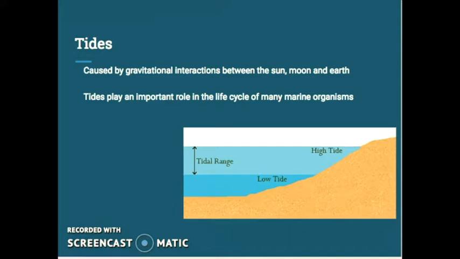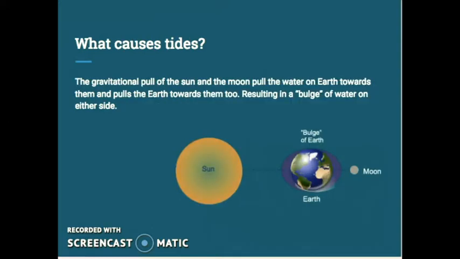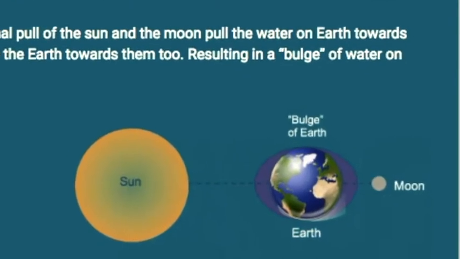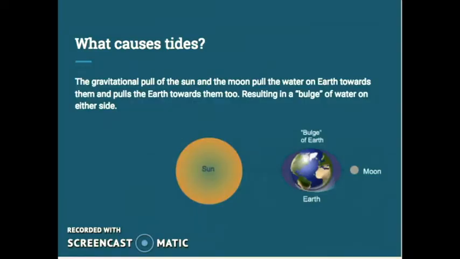As we talked about in the intertidal zone, tides play a very important role in the life cycle of many marine organisms. It's a periodic rise and fall of a body of water, caused by the gravitational pull of the sun and the moon, but more the moon, pulling the water on Earth towards the moon, and it creates this little bulge here.